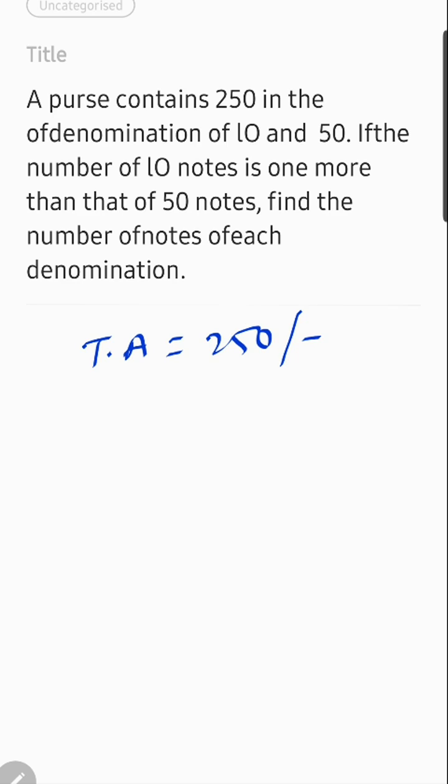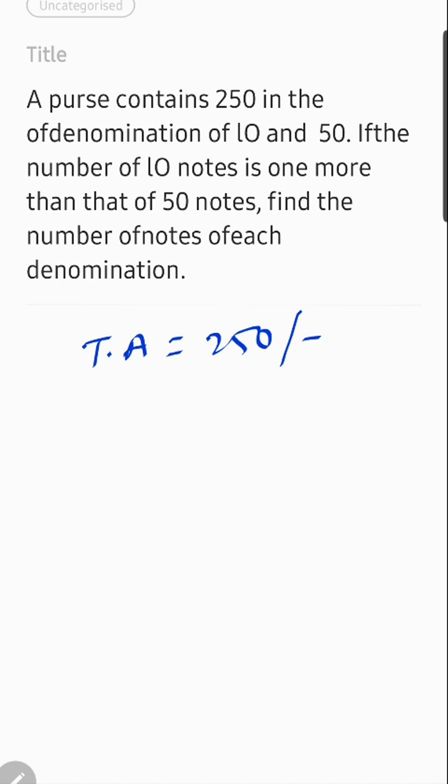So our aim is to take either the number of 10 rupees notes or the number of 50 rupees notes as x. For that, read the relation between 10 rupees and 50 rupees notes. The number of 10 rupees notes is one more than that of 50 rupees notes, they said. That means if we know the number of 50 rupees notes, we can find the number of 10 rupees notes.